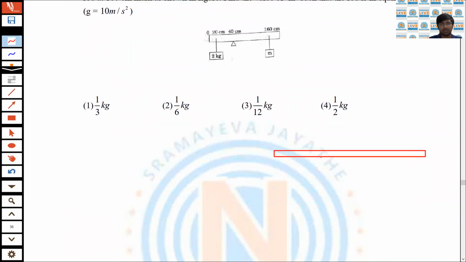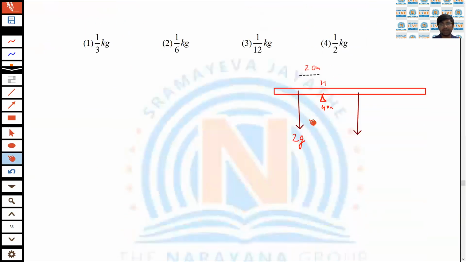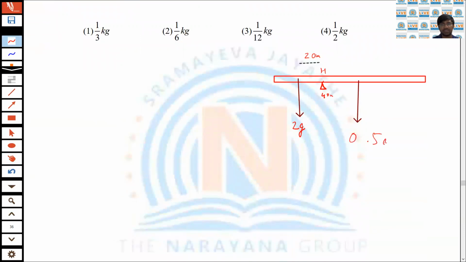This is the fulcrum, or rather the point of the hinge. This is located at 40 centimeters. Now there are certain forces acting on this. The first force is equal to 2 kg, that is 2g, which is located at a distance of 20 centimeters from here. Now the second force is equal to the weight of the bar, that is 500 grams, that is 0.5 g, which is located at 100 centimeters, the center, or rather it is located 60 centimeters from the hinge.